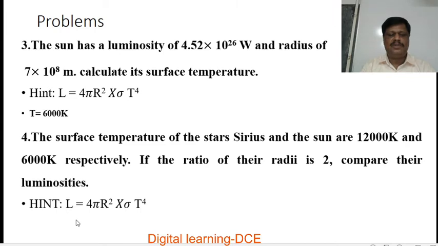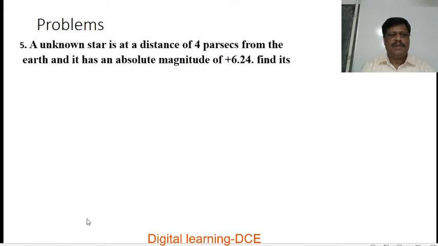Here L1 by L2 is equal to (r1 by r2) whole square into (T1 by T2) whole to the power of 4. They have given r1 by r2 is equal to 2. So (r1 by r2) whole square means 2 square, that is 4, and T1 by T2 is 12,000 by 6,000, that is 2. 2 to the power of 4 is 16. 4 into 16 is 64. The answer is 64.